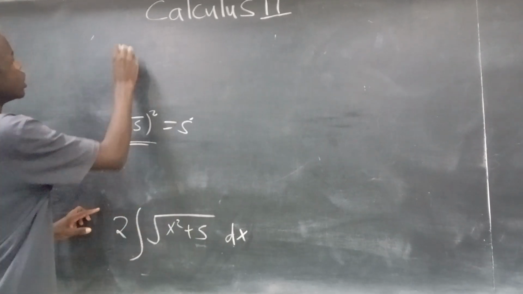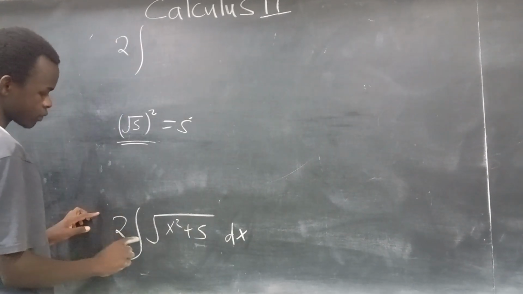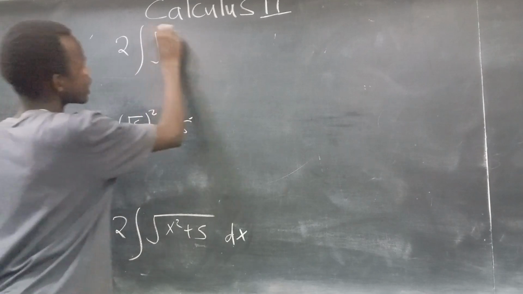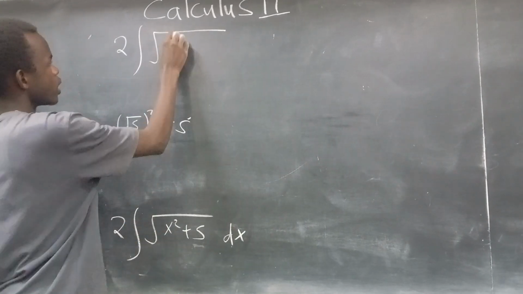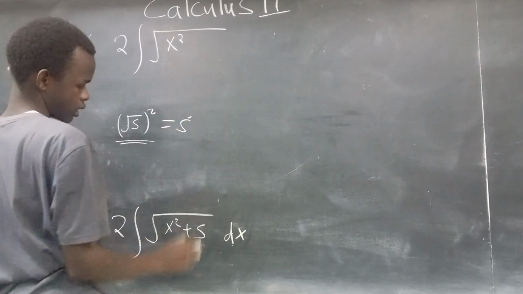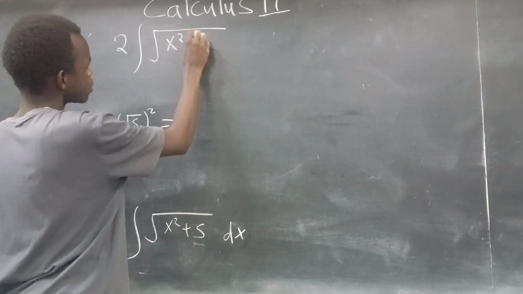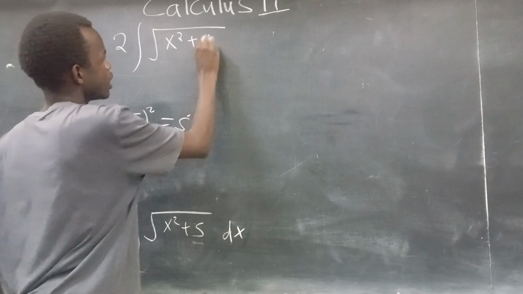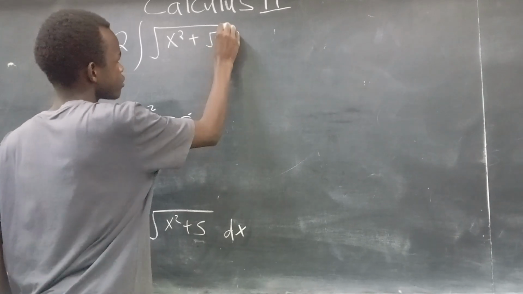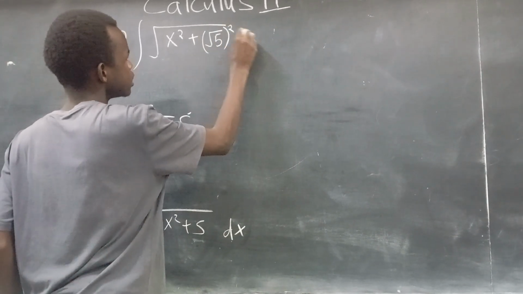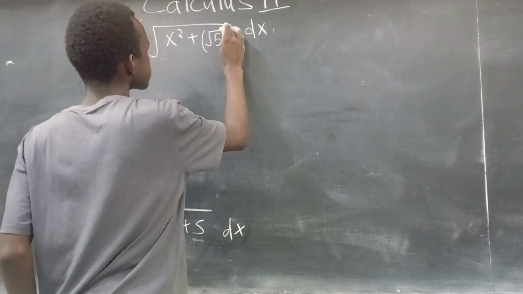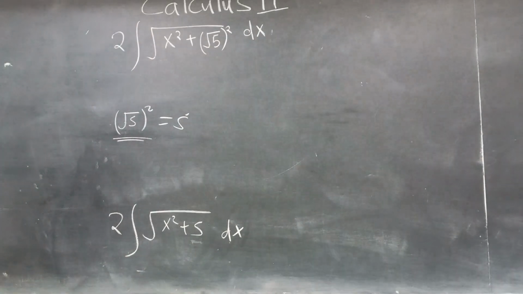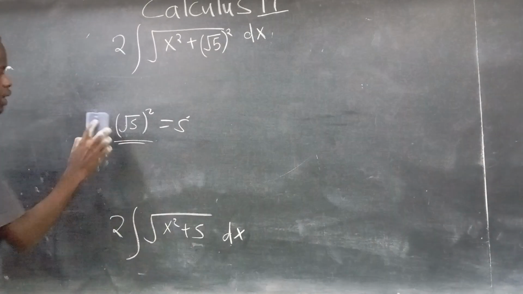So I'll have 2 times the integral of the square root of x squared plus root of 5 squared, dx. Don't forget the dx. So we have rewritten our integral like that.